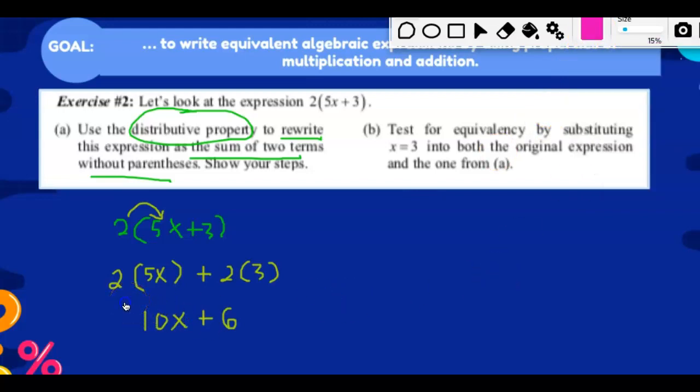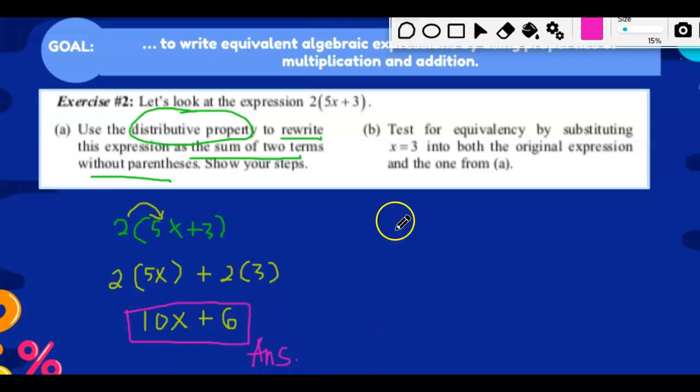Because they are not. You're correct. We cannot put them together because they are not like terms. They are not the same. This looks like I have 10 bananas and I have $6 left. So the bananas and the dollars are not the same.